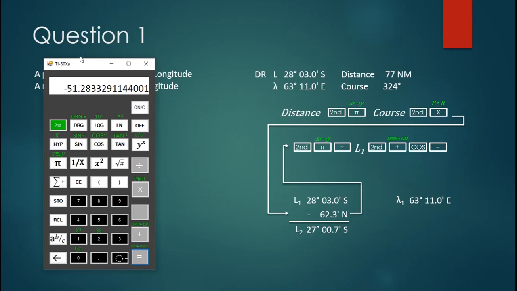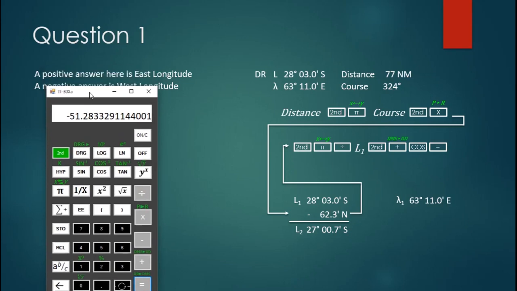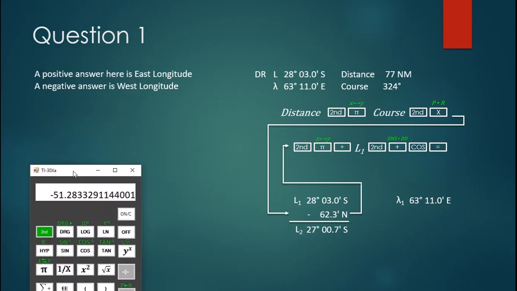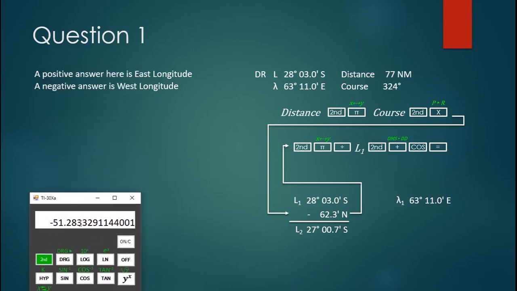And again, whether it's a positive number or a negative number, it has no bearing on whether we add or subtract. It has to do with if it's east longitude or if it's west longitude. A positive number would give us east longitude, and a negative number would give us west longitude. In this case, we have a negative number, so it's going to be west longitude over here.